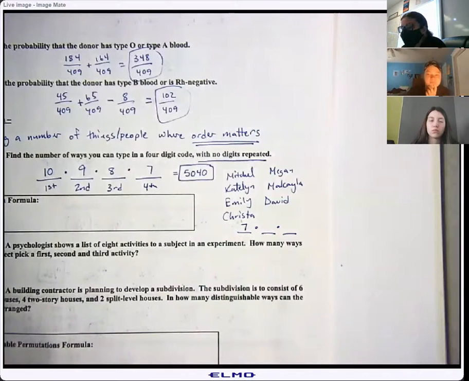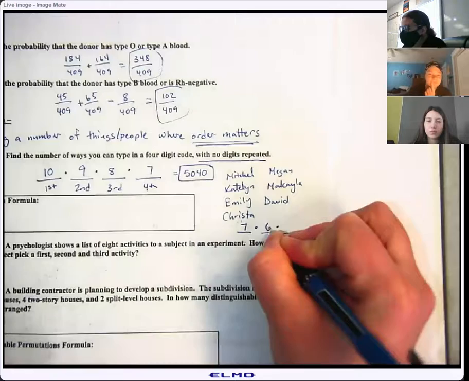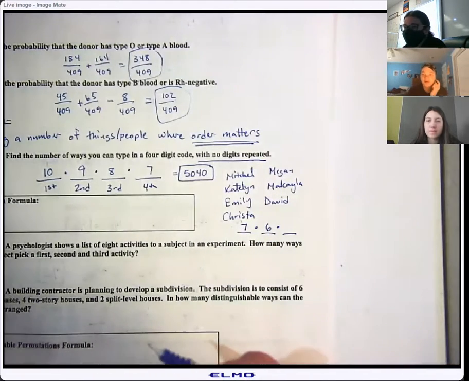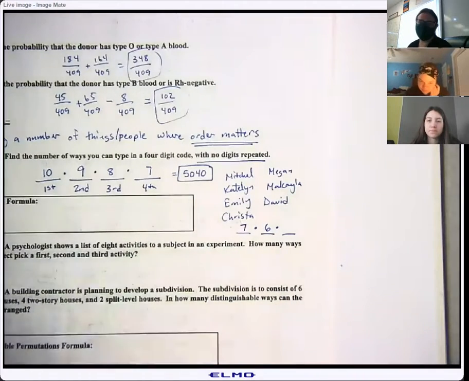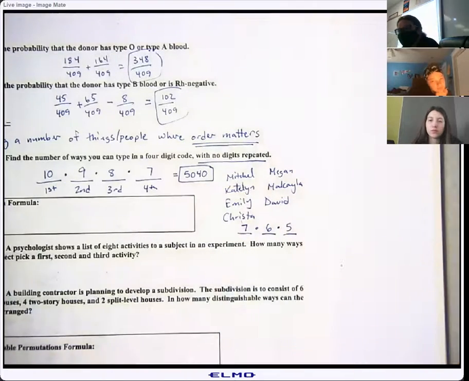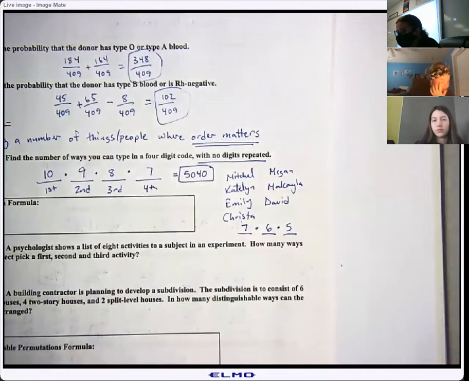And then for second place? 6. And why can't it be that same first person again? Because they're already in line. Some problems are not going to say you can't repeat people, but you know that you can't because they're in line. There's 5 for that last one. Do you see how if I had everybody line up at the door, it would be 7 times 6 times 5 times 4 times 3 times 2 times 1?